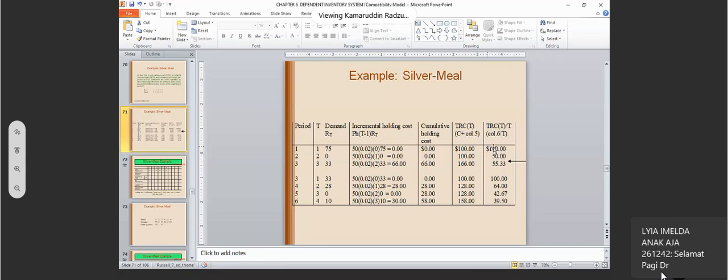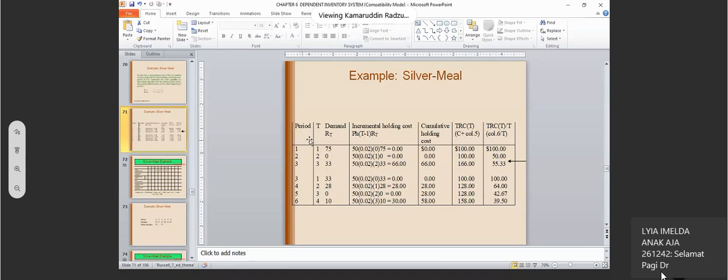At the last column here, we see the total relevant cost is decreasing, right? The total relevant cost decreasing signals to us to include more periods in our analysis.